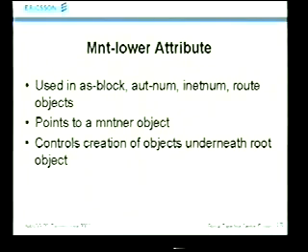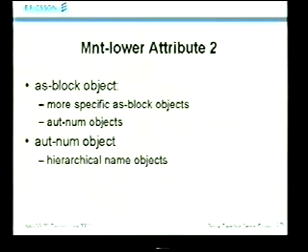That's mnt-lower. If mnt-lower appears in an AS block object, it controls the creation of more specific AS block objects and controls the creation of aut-num objects. If this attribute mnt-lower appears in an aut-num object, it controls the creation of hierarchical name objects.